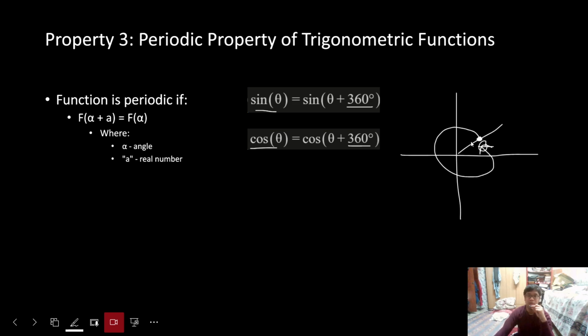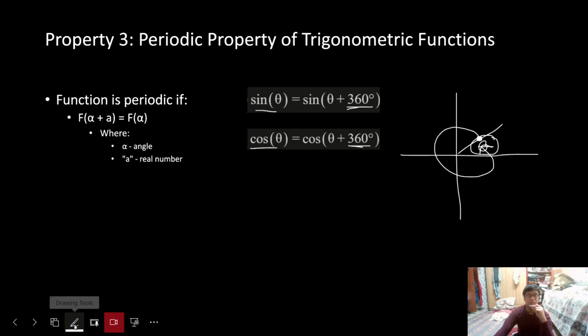If you find the sine or cosine of a given angle, and that angle is added by 360 degrees, you're going to revolve once more. And they're in the same position, in fact they are coterminal to each other, right?